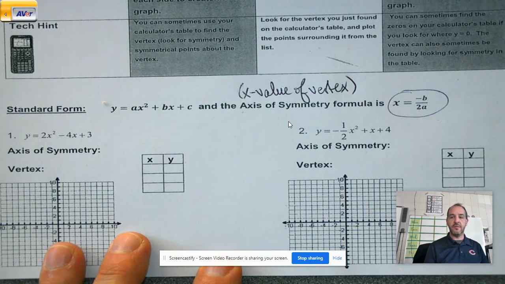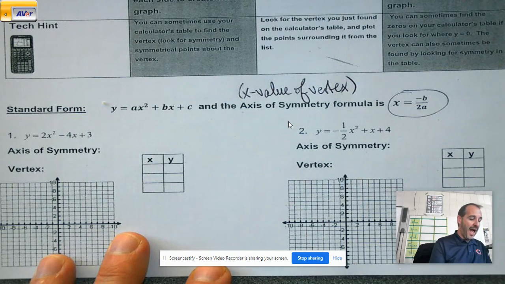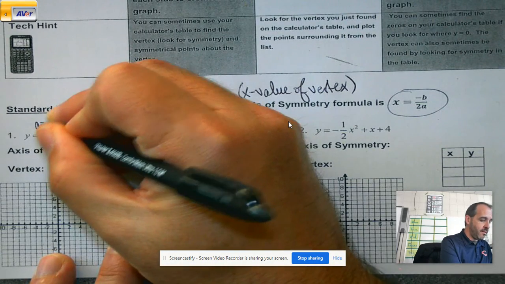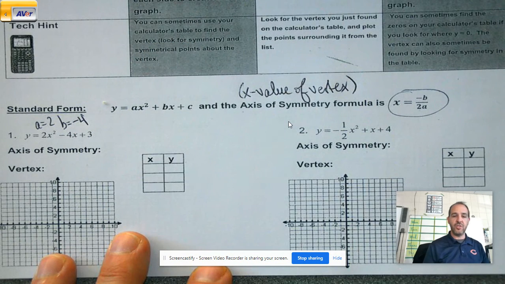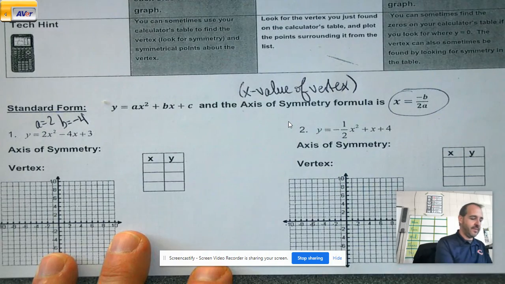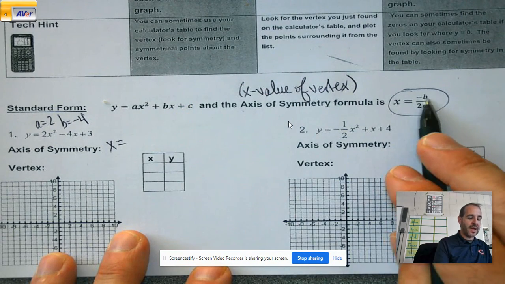Now, you notice we have b, we have a in there. So I normally like to label my a and b values when I'm doing this, just to make sure I don't get anything mixed up. And so when I go to find my axis of symmetry, it's the opposite of b.